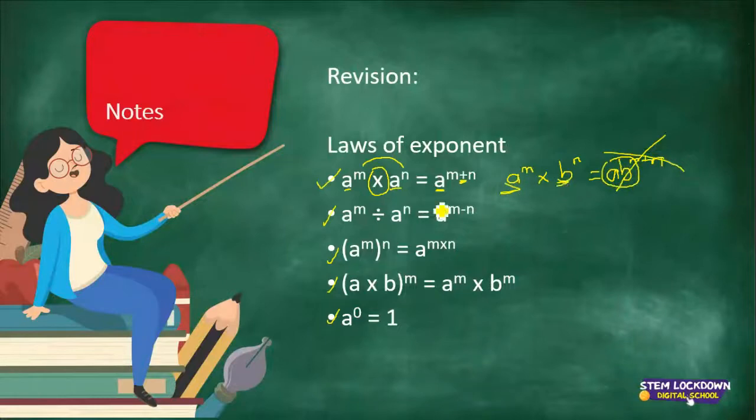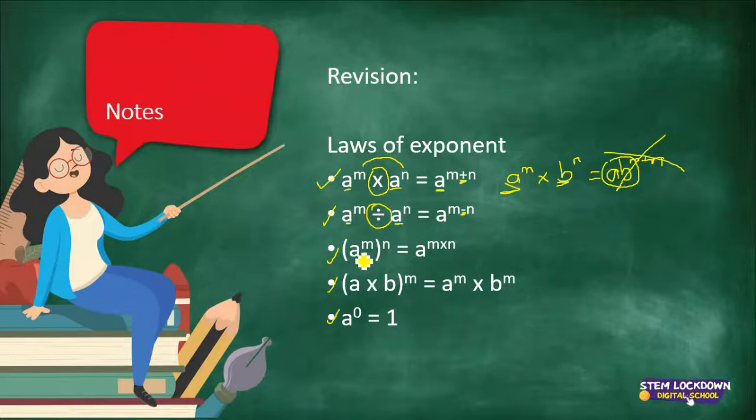The second one. If the bases are the same, a and a, to the power m and n, remember, those could be any numbers, if I'm dividing, I subtract the powers.